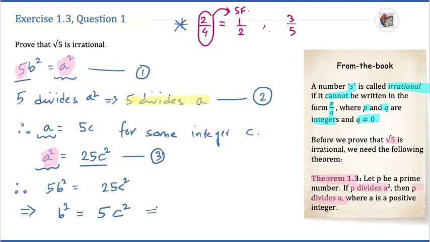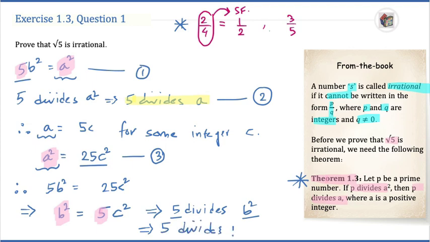Now again, notice very carefully. This means that 5 is a divisor of b squared, or in other words, we can say that 5 divides b squared. Yet again, since 5 is a prime number and it divides the square of an integer, we can say by theorem 1.3 that 5 will also divide b.